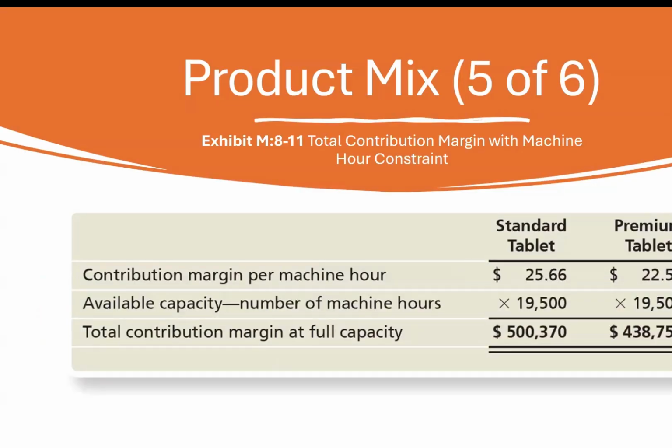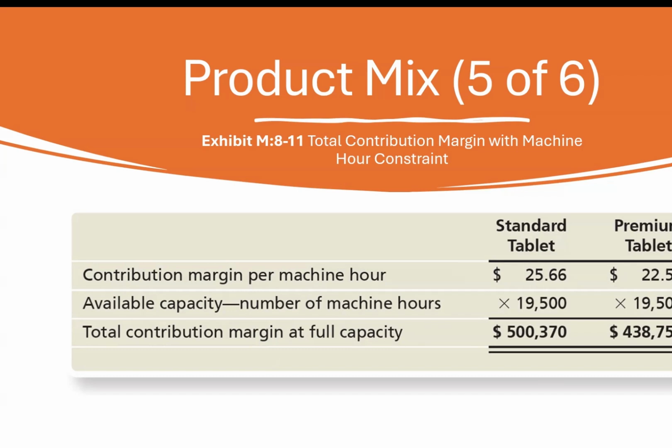Here in Exhibit 8-11, it shows the total contribution margin with the machine hour constraint. It proves that Smart Touch Learning earns more total profit by making standard tablets, $500,000 compared to $438,000.